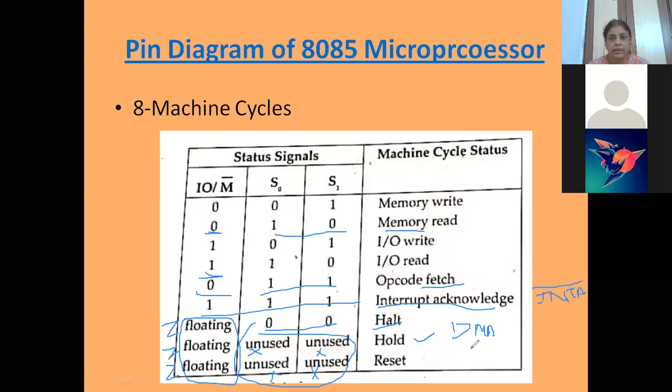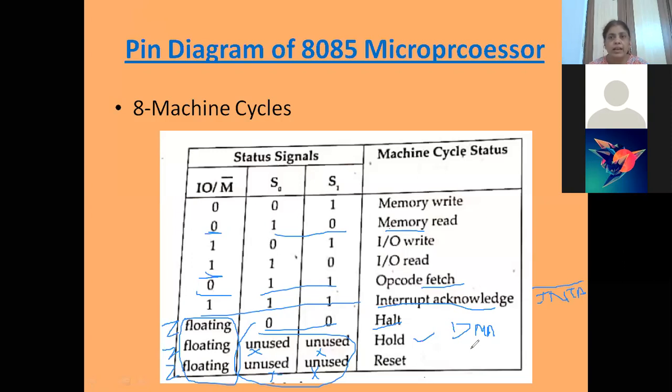Means if you transfer a large amount of data from input device to memory, then everything whatever you are taking from input has to go via microprocessor. But if it is just a transfer and there is no processing on that data, then why do we need processor in between? We don't require processing because we are not doing any processing task. If we are not doing any processing task, we can remove processor from that transfer.